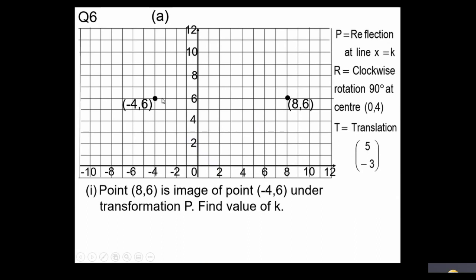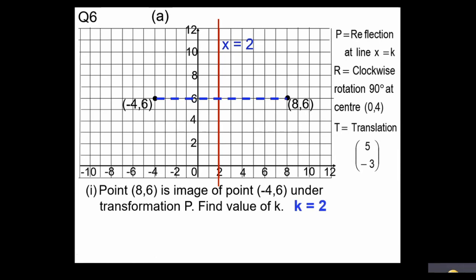Calculate the units: 1, 2, 3, 4, 5, 6, 7, 8, 9, 10, 11, 12. 12 divided by 2 is 6. You can count from here: 1, 2, 3, 4, 5, 6. This line, x equals 2. Or you can count from here also 6. So the value of k is 2.